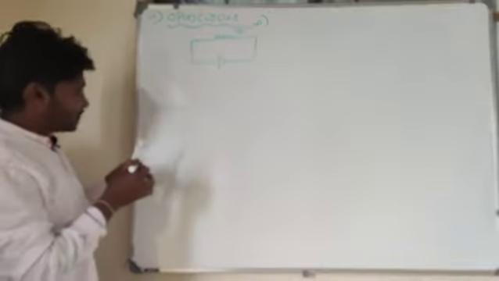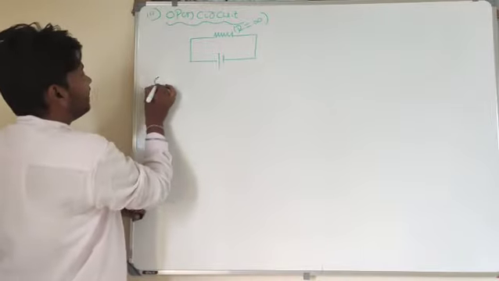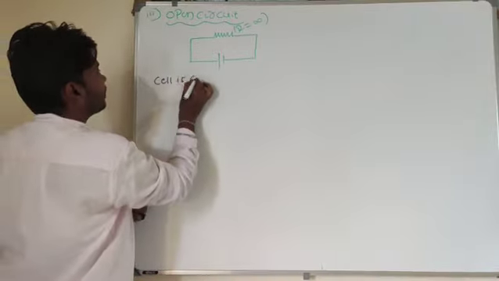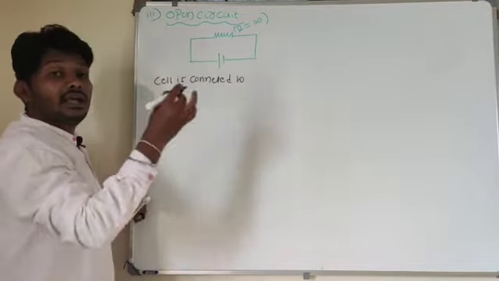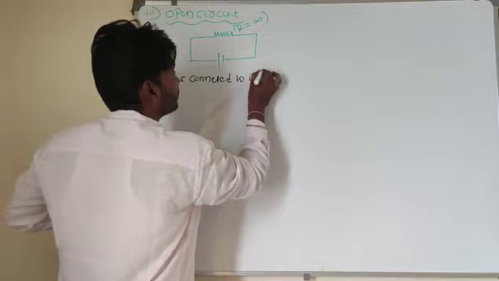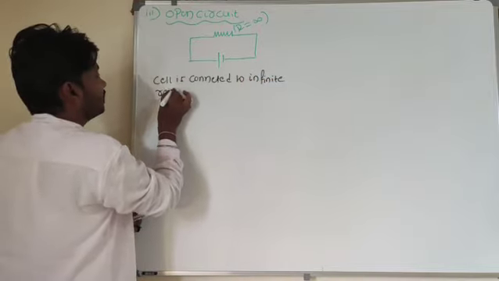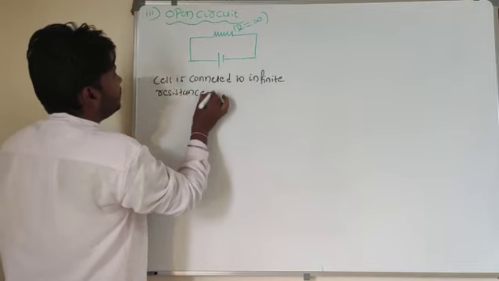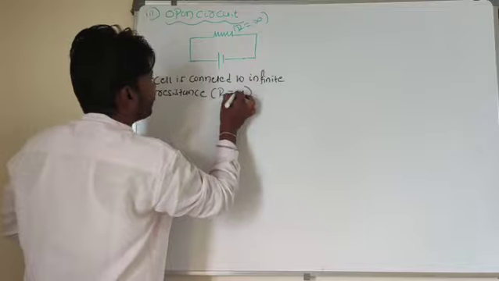So look at here. In case of an open circuit, the cell is connected to infinite resistance. If that resistance is infinite, will current flow here?